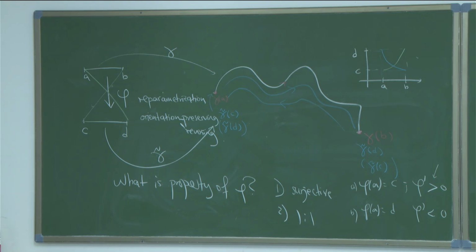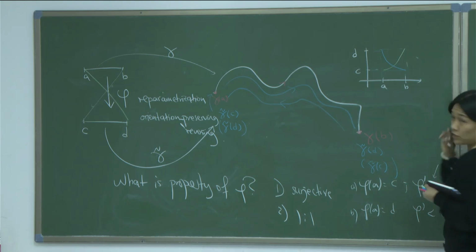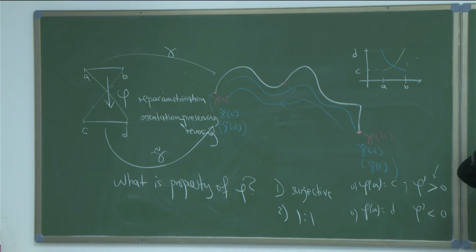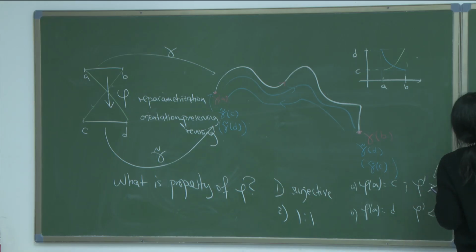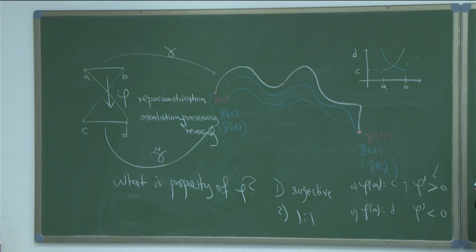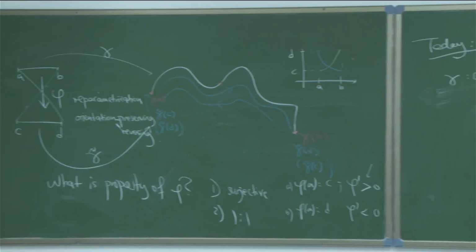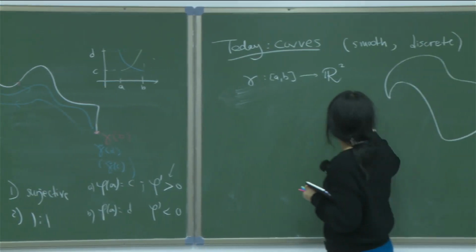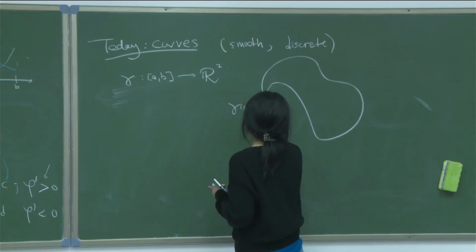There are two ways to do that, arguably. Let's draw gamma like this, and if you want a closed curve, you can close it like this. Then is it enough to say gamma of A equals gamma of B?